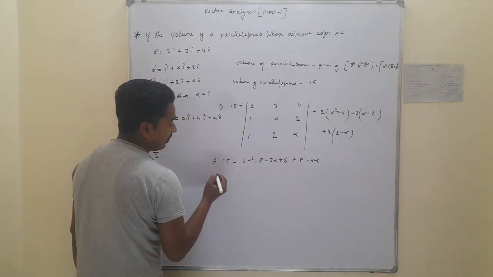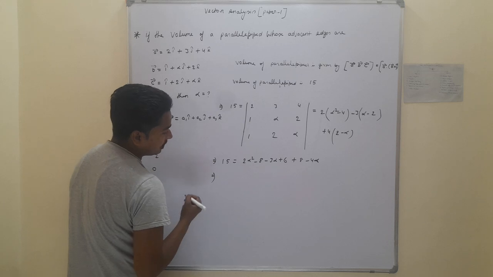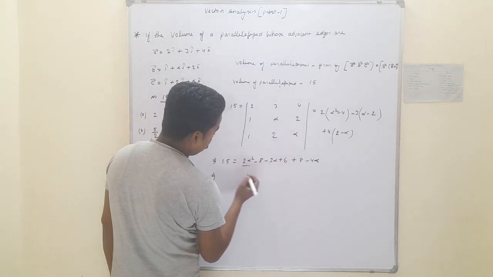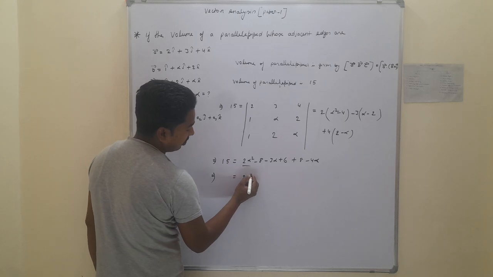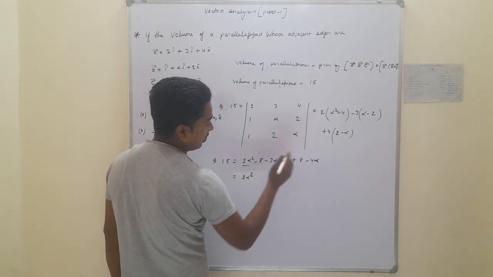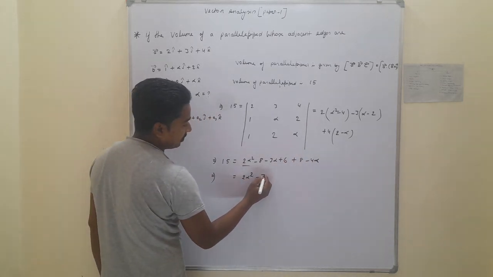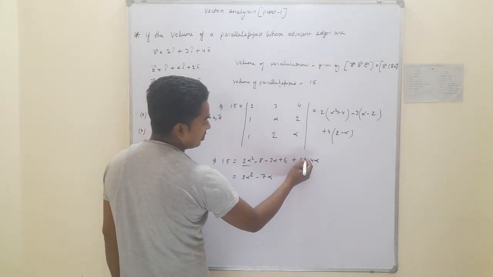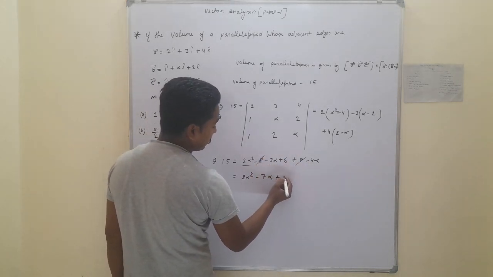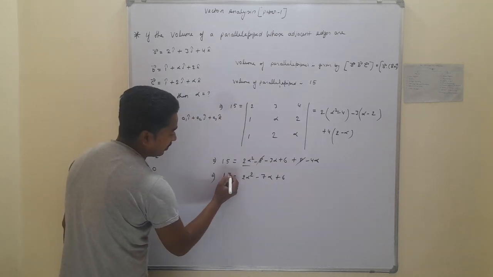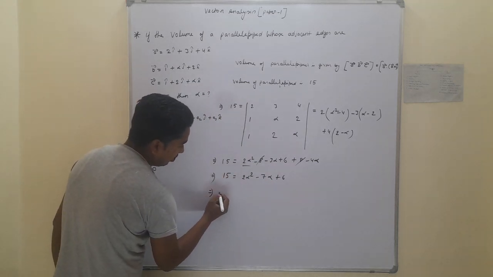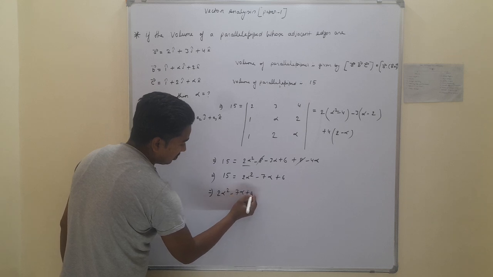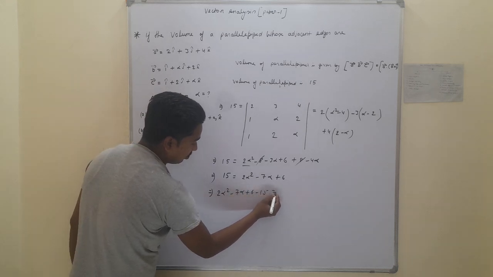Simplifying, we get 2 alpha square minus 3 alpha minus 4 alpha, which is minus 7 alpha, minus 8 plus 8 cancels out, and plus 6. Here we have 15, so 2 alpha square minus 7 alpha plus 6 minus 15 is equal to 0.